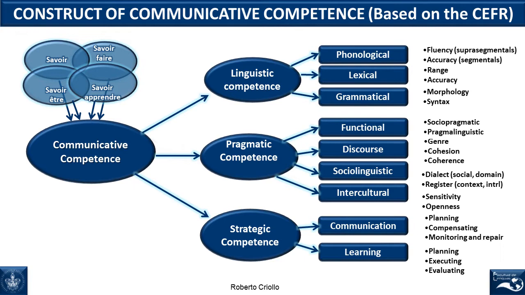And within each of these competences, there are other different complex abilities, such as phonological competence, or lexical, or grammatical, or functional, or discourse, or sociolinguistic, and so on and so forth. And you will see also that each of these competences has very detailed elements that need to be developed so that you can become proficient in the language.